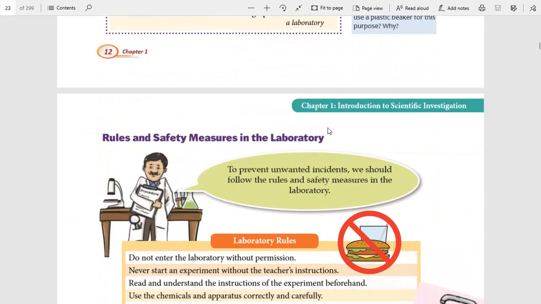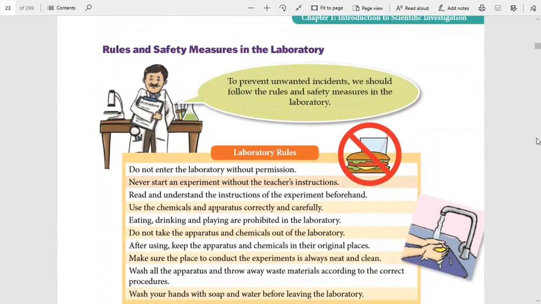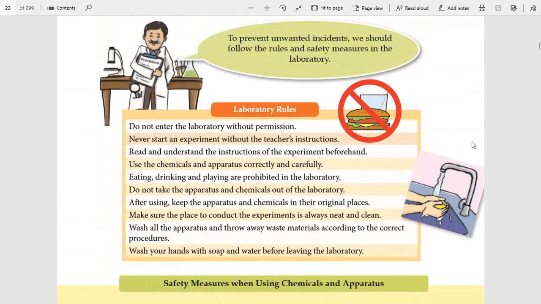There are many safety measures or rules in the laboratory. For example, do not enter the laboratory without permission, the teacher's permission. And never start an experiment without the teacher's instruction. Why?